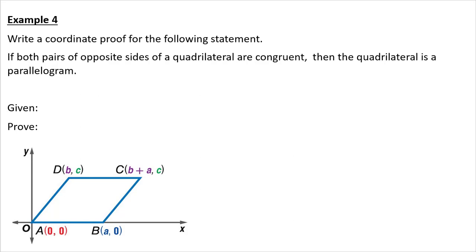Okay, write a coordinate proof for the following statement. If both pairs of opposite sides of a quadrilateral are congruent, then the quadrilateral is a parallelogram. I'm given the picture. I actually don't even like my given and proof for this.